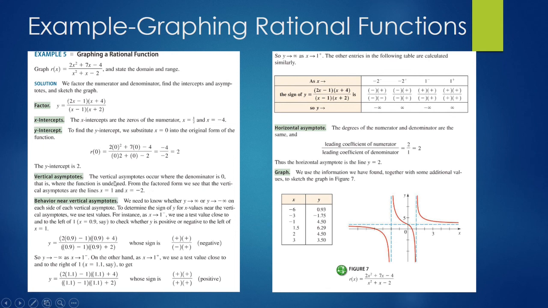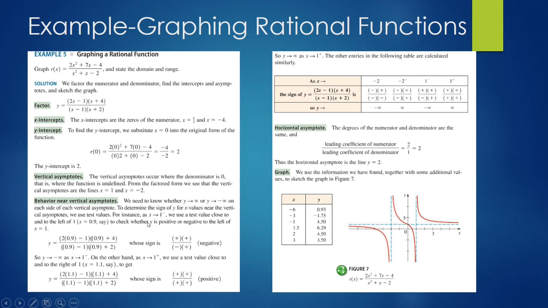So as we approach 1 from the negative side, you can test some values to see what happens. In this case, they picked 0.9. By plugging in 0.9, they can tell whether the output is positive or negative, because that's going to be what the end behavior is. And then you do the same thing from the other side.